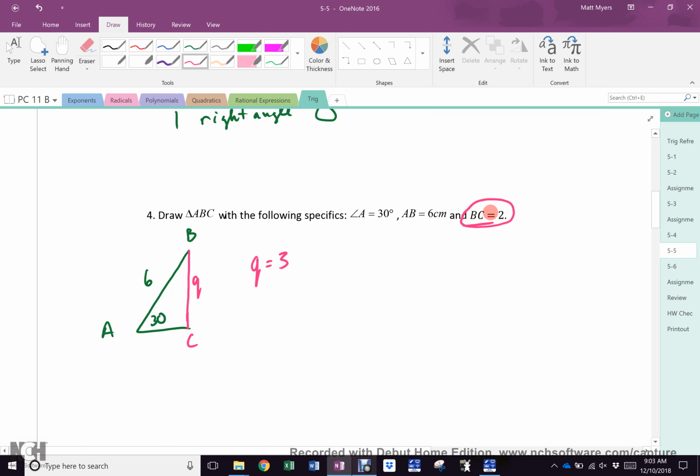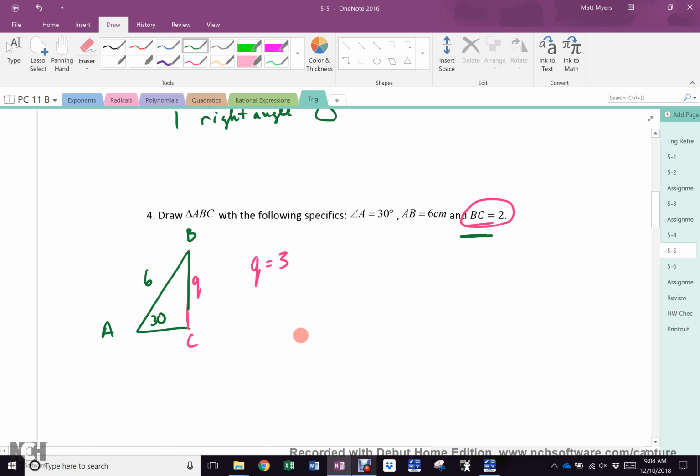How long does BC have to be to make a triangle? It has to be 3. Is it 3? So BC, which I'm going to draw as a green line because that triangle's green, is only 2 centimeters long, isn't it? Will it ever reach here and have this still be 30? No. Right?